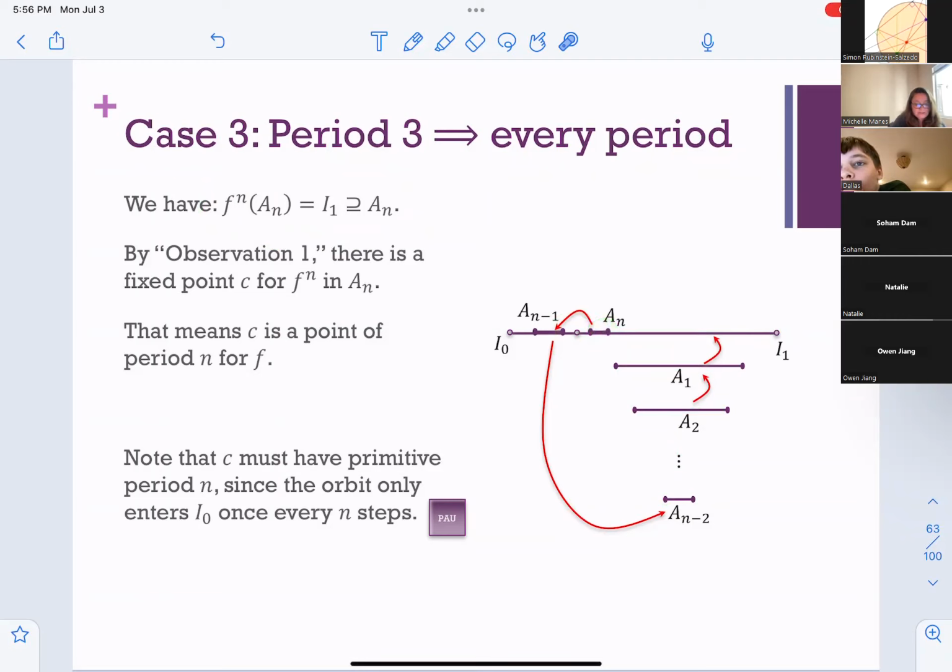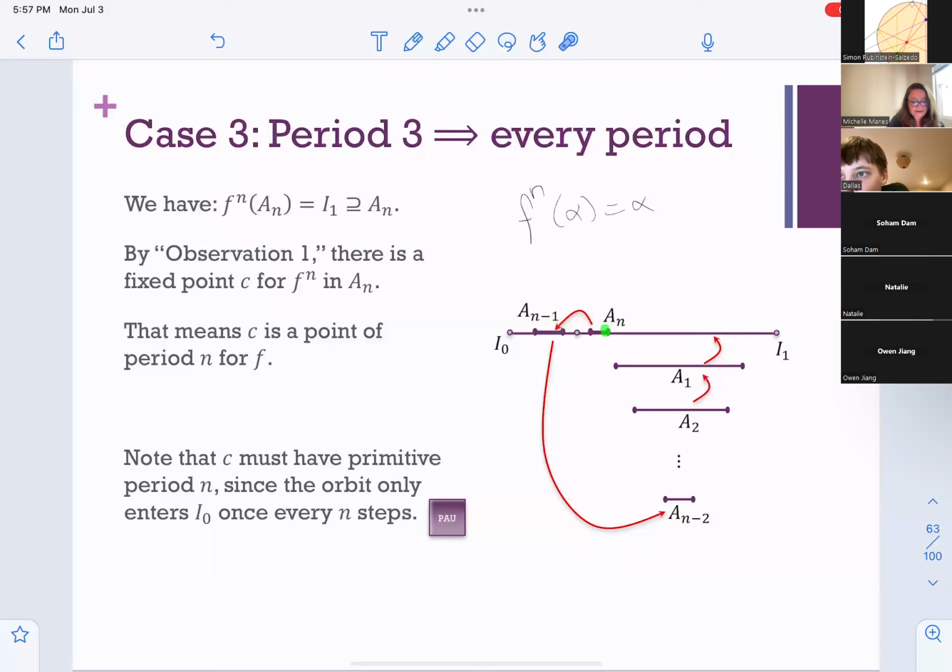But a fixed point for f^n, right? Remember, I have to be a little careful, because a fixed point for f^n is a solution that looks like this: f^n of alpha equals alpha. It might have period dividing n, but in fact, I cooked it up so that's not possible, because I only land over on this spot every n times.